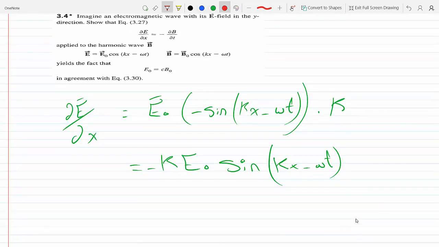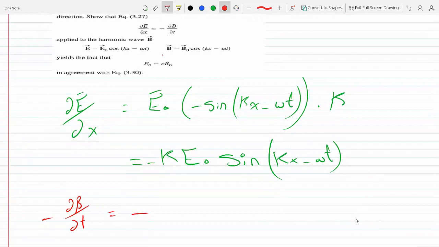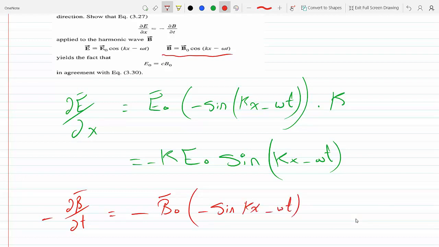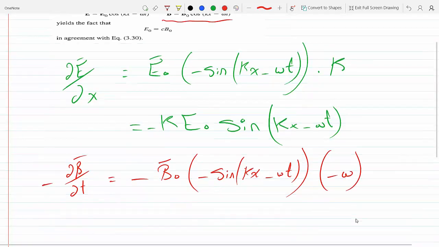Okay, and then let's see what dB over dt is, or minus dB over dt. We differentiate this with respect to t, so that's B0 amplitude, cosine's derivative is minus sine, so minus sine(kx minus omega t), and the partial derivative of the inside with respect to t, by the chain rule, gives minus omega.